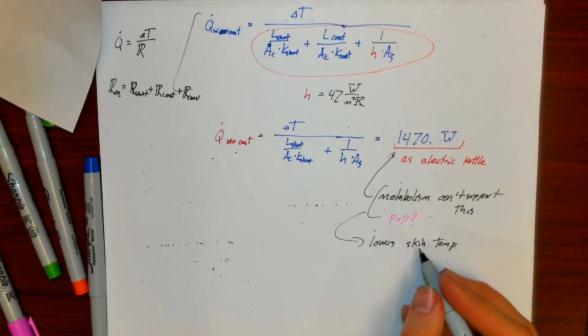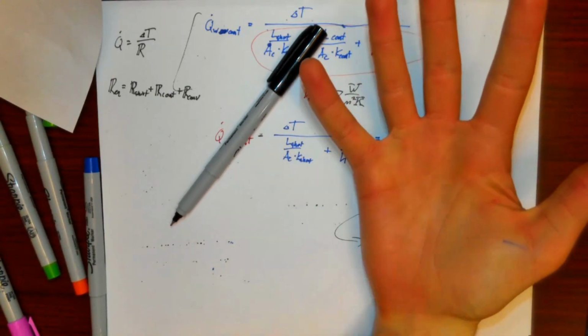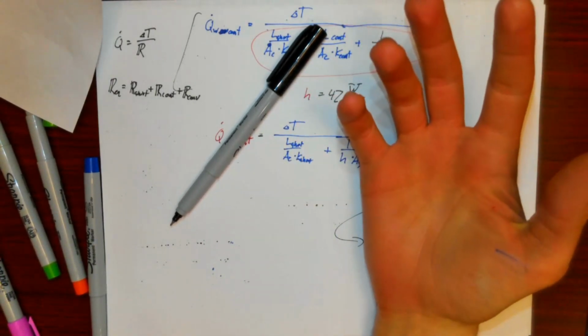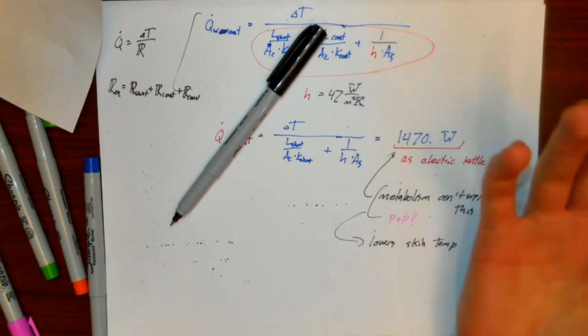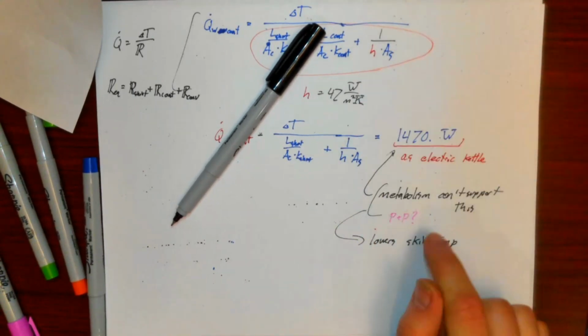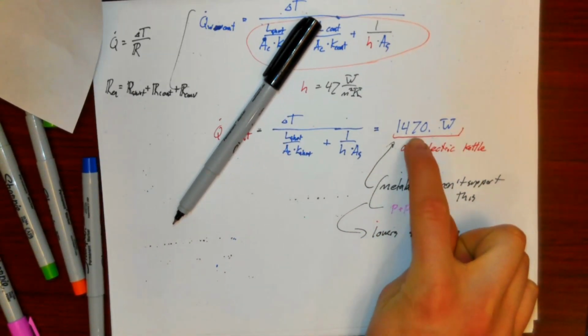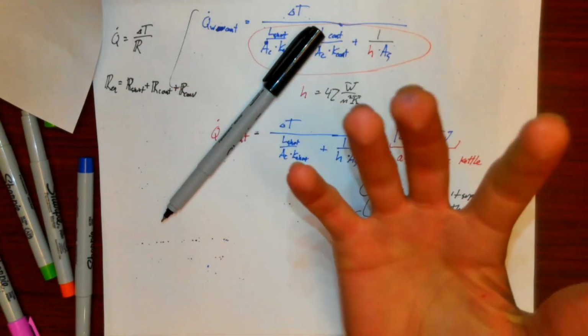And how does our body lower our skin temperature? Well, our skin is full of little capillaries, and those capillaries carry oxygen and metabolites to and from our cells, but they also carry heat to the outer layers of our skin. But if our body's like, hey, we're losing too much body heat, we won't be able to sustain this, our body closes off all of the capillaries to your skin.